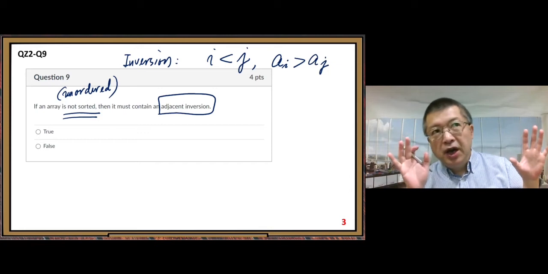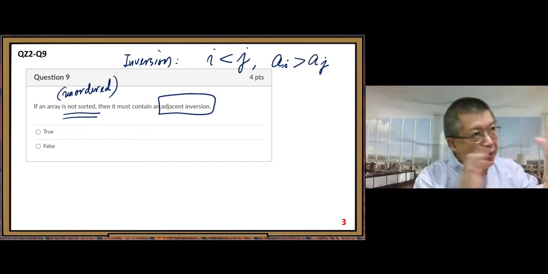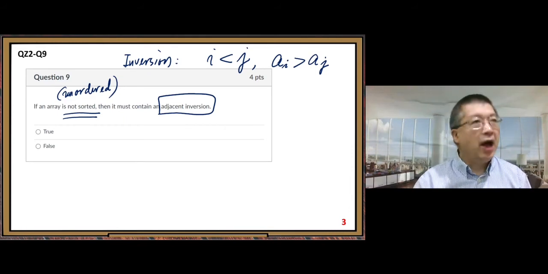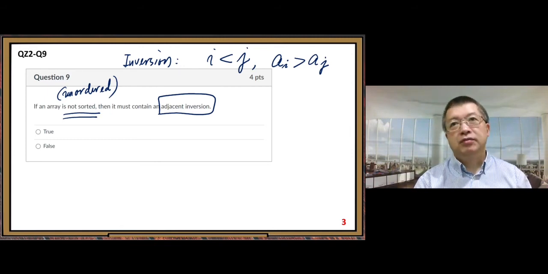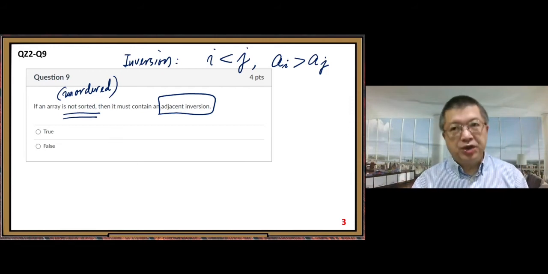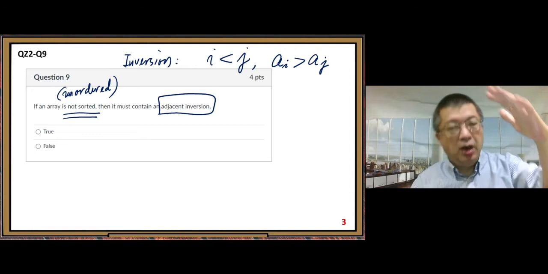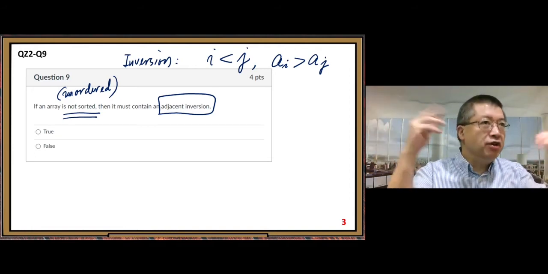Here you can see the subscript order and the value order are opposite, not in the same order: increasing for the subscripts, but decreasing for the values. That's the inversion.